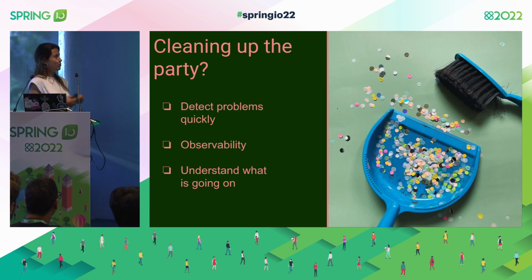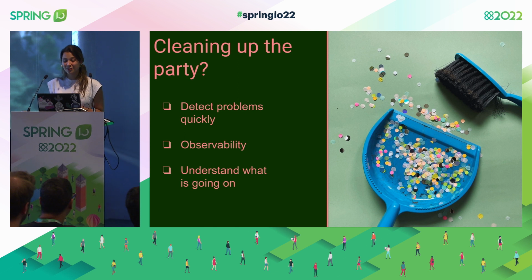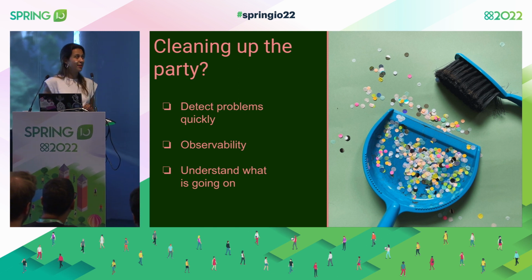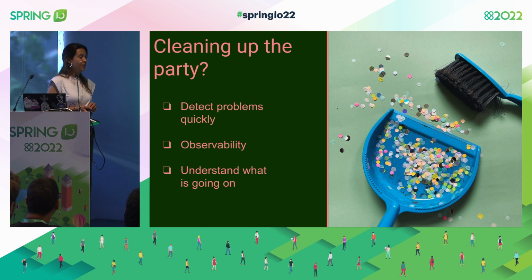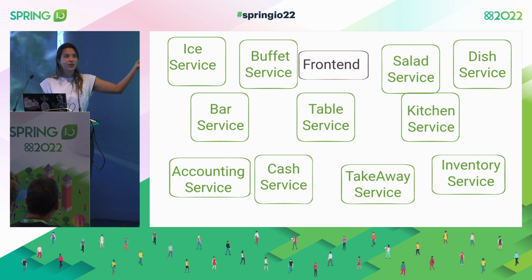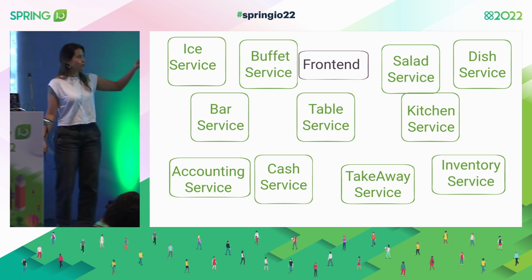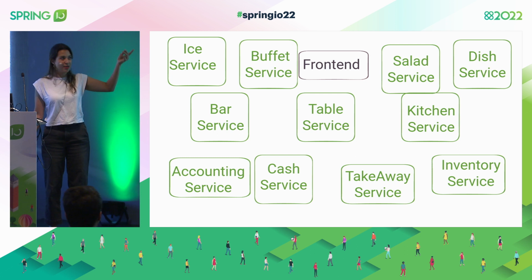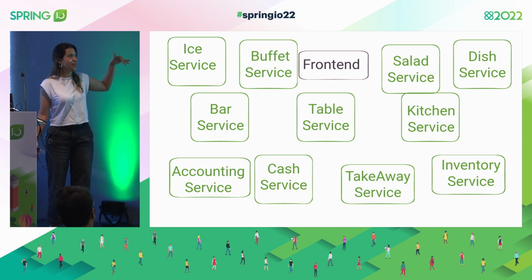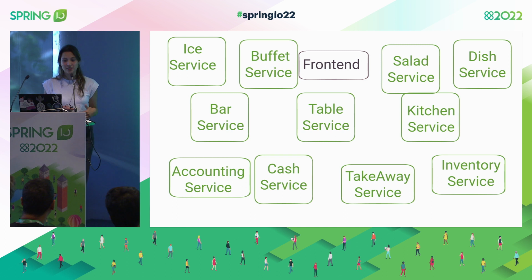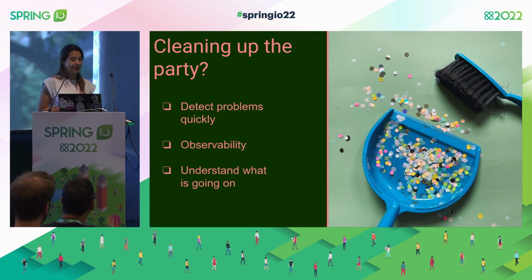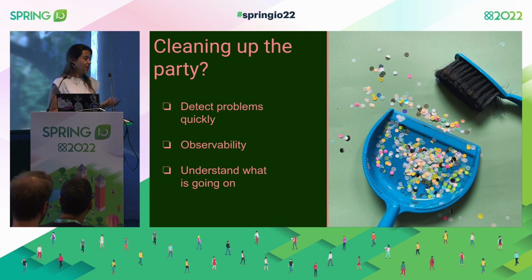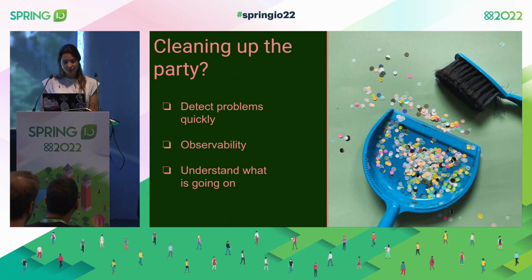So it's not super easy to detect problems quickly from a business perspective if a customer is not getting the thing they need. Also, the observability is not there, so I have no understanding in this scenario how the system is working. I have no visibility which message is coming first, which message is triggered by that, so I really have a hard time understanding the logic and the flow of the system. So the observability is not really there, and that makes it hard to understand what's going on.